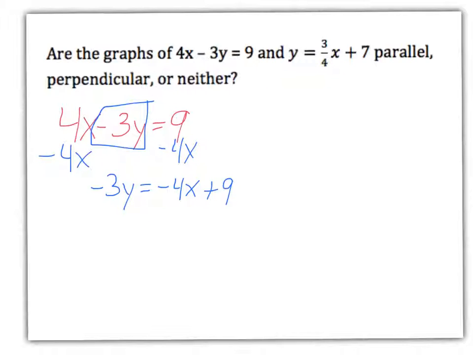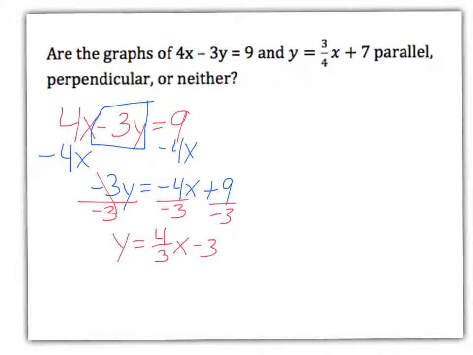And then to solve for y, I need to divide everything by -3. So they cancel out, and I have y equals. Now, -4 divided by -3, a negative divided by a negative, is going to become a positive. So I'm just left with 4/3 x, and then 9 divided by -3 is -3.